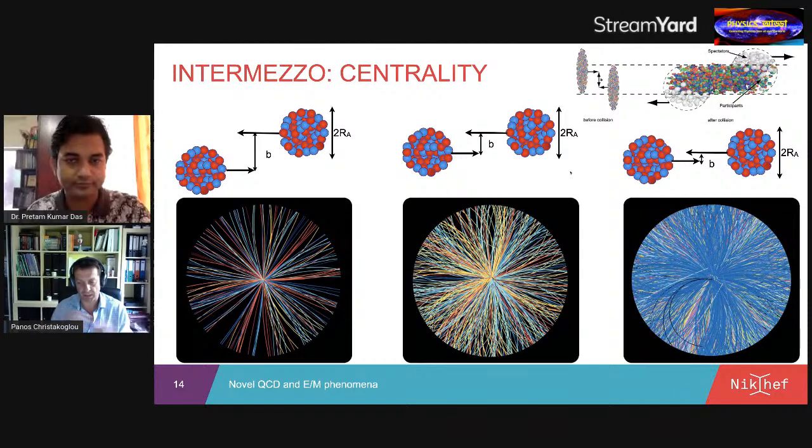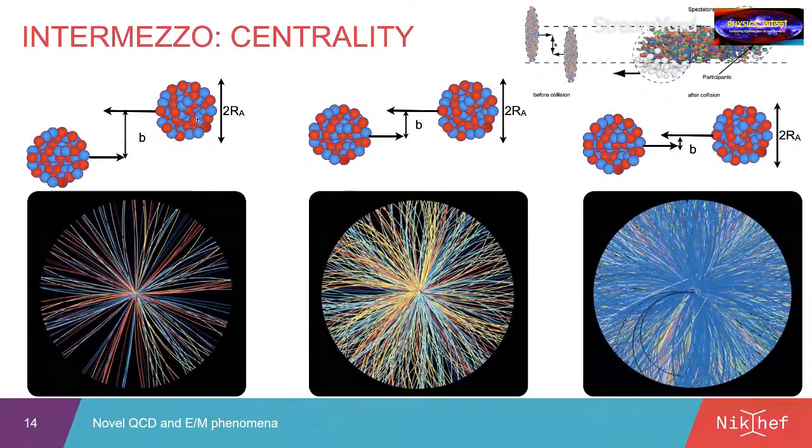These are practically elementary particles, or at least we think they are at the scale we probe things. However, nuclei, our lead ions, are no longer point-like, so they do have a distinct size. And depending on how they collide, which is reflected in the impact parameter, the line that connects the centers of the 2 nuclei, we have different geometries.